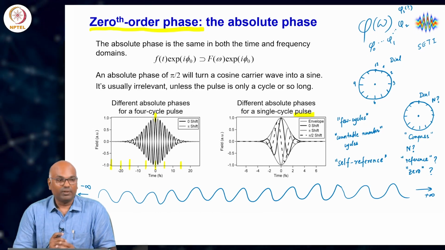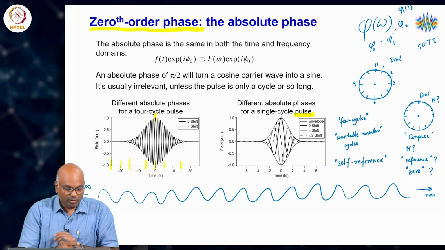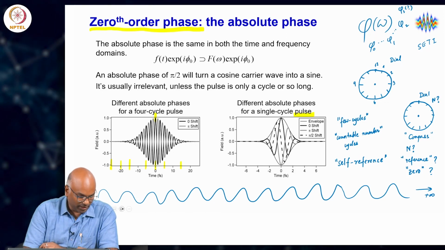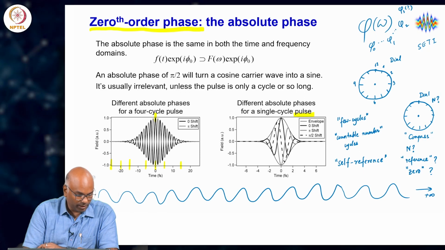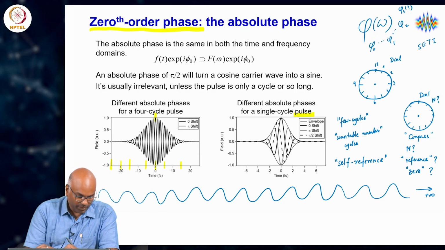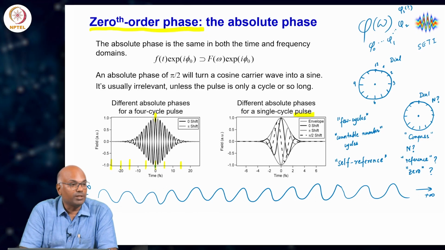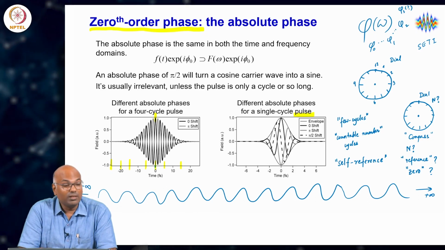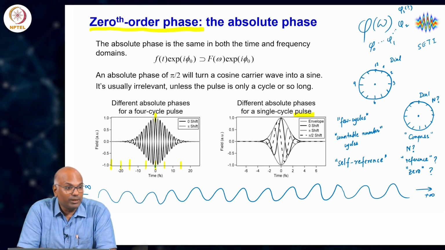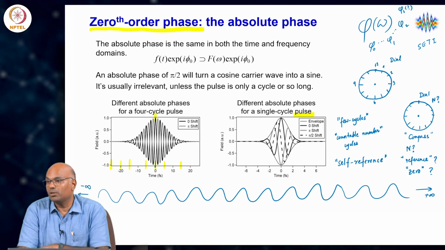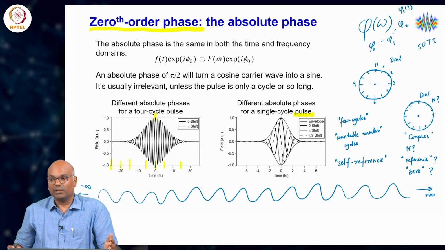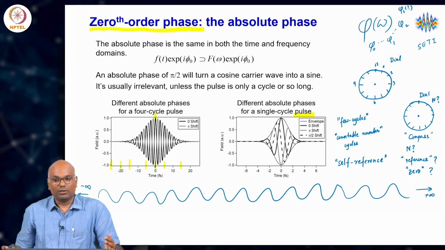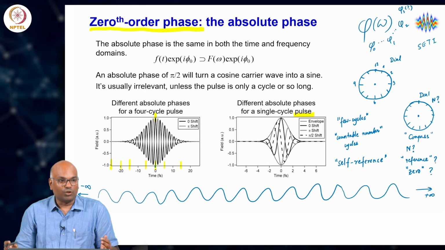If they are well-behaved, then the envelope is of this kind, and I can essentially pick the most symmetric point of the envelope to be my reference point, and mark my zero of time over there. And the good thing about this definition is that it is going to be consistent across pulses produced by laser 1, laser 2, laser 3, lasers in India, in Europe, in US, in Japan.